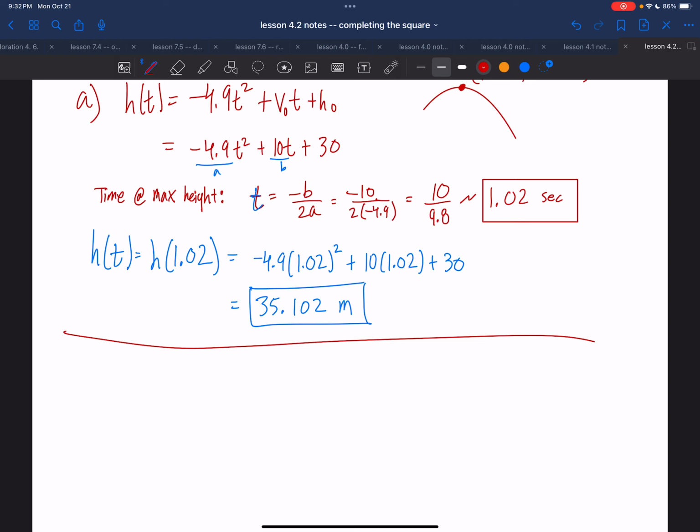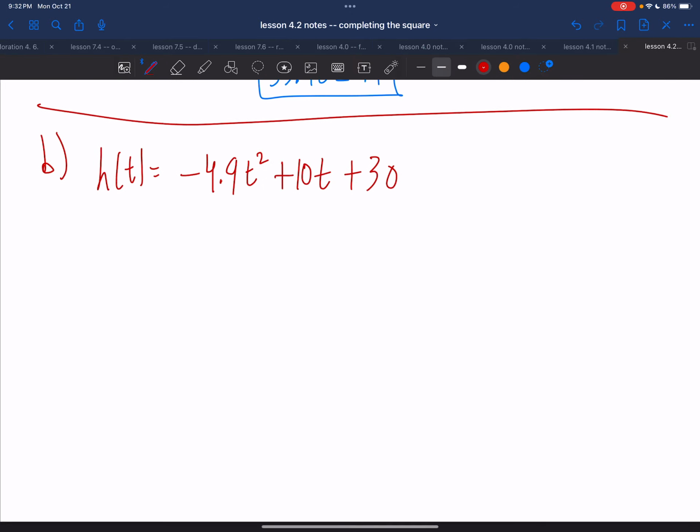Because math is cool and I love math. Okay, h of t is negative 4.9 t squared plus 10t plus 30. By the way, this one's just for fun. This is not on the test. If you're freaking out, this is not on the test.